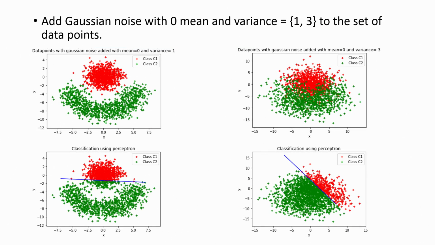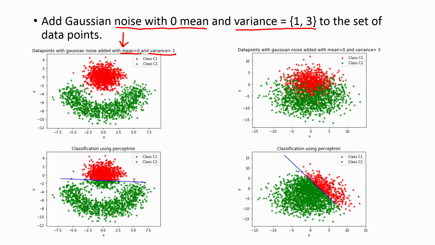Now, let us add Gaussian noise to both of the clusters or classes. For each class we add Gaussian noise with mean 0 and variance ranging from 1 to 3. In the first case that we see here, we have added noise with mean 0 and variance 1. We see that the data is very noisy and has become not linearly separable.